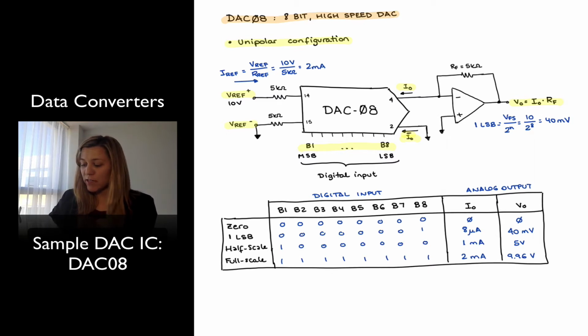If I were to divide my overall current of 2 milliamps by 2 to the 8, then I will get my LSB step for the current, which is 8 microamps. And so I-out increases by 8 microamps per bit. My output voltage increases by 40 millivolts per bit.